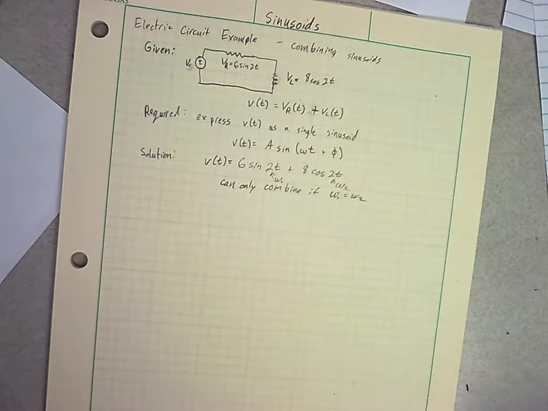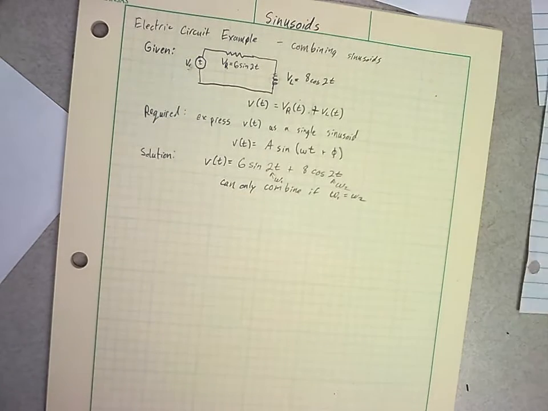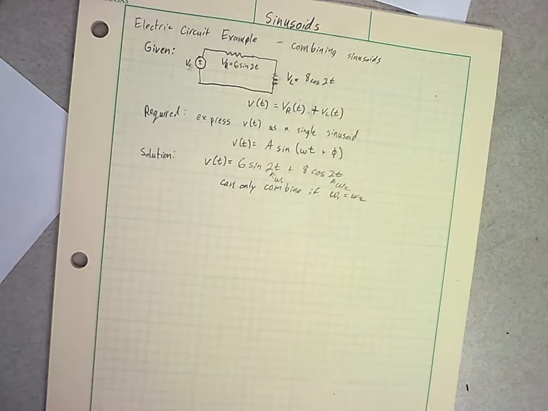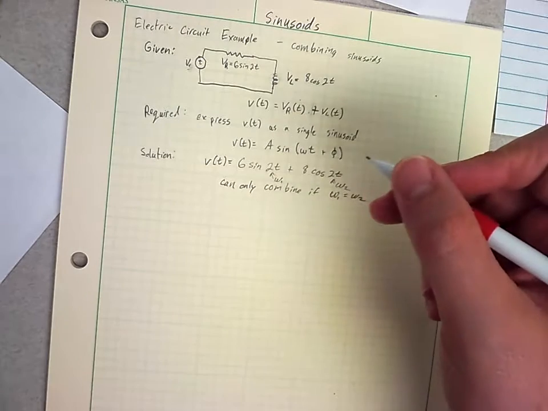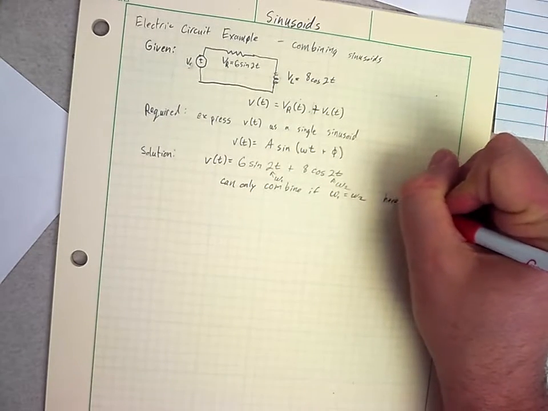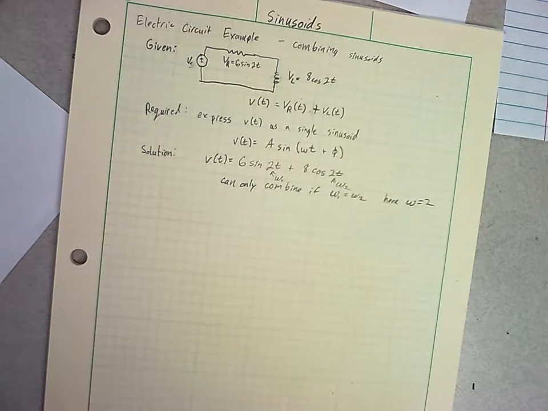Since that omega term is the same in both, that gives me a chance to try to figure it out, since the angular frequency is the same. If they're not the same, it gets really complicated because you don't have the same rate, so it's almost impossible to do. So here omega is equal to 2. That's very helpful.